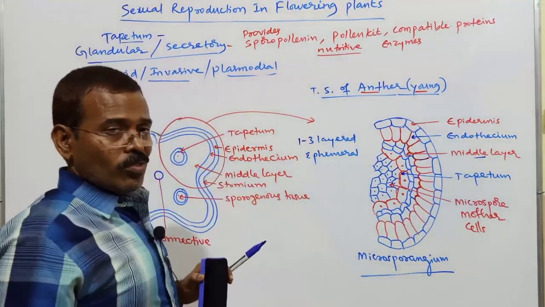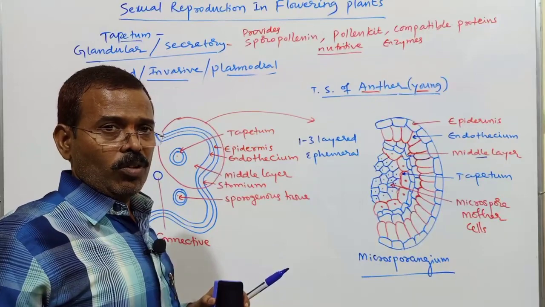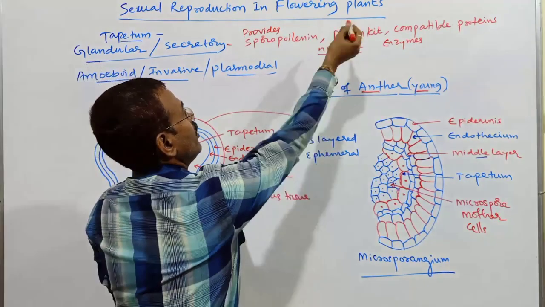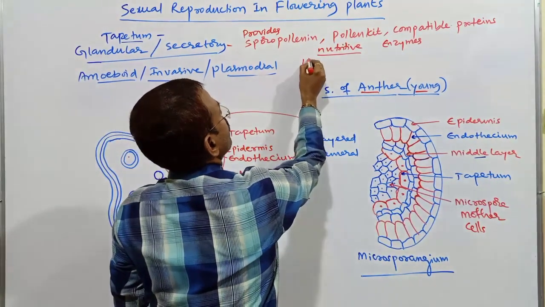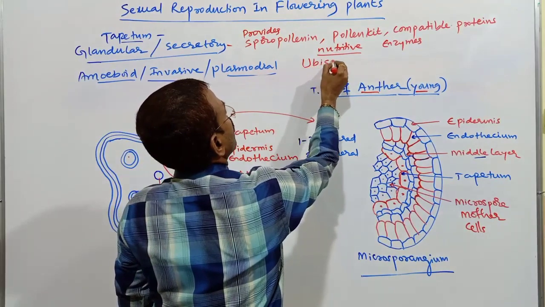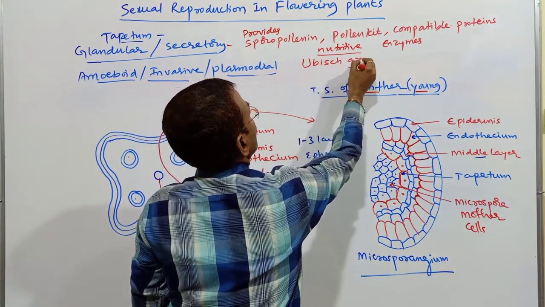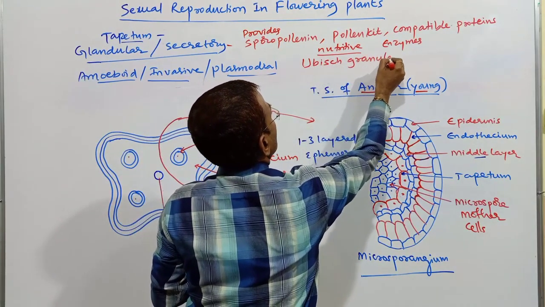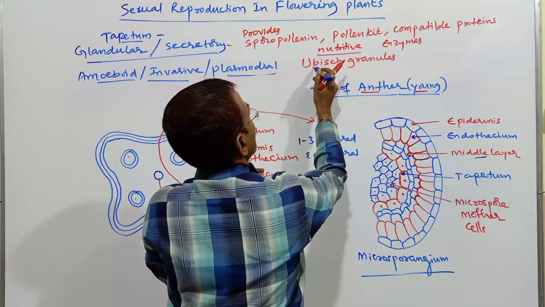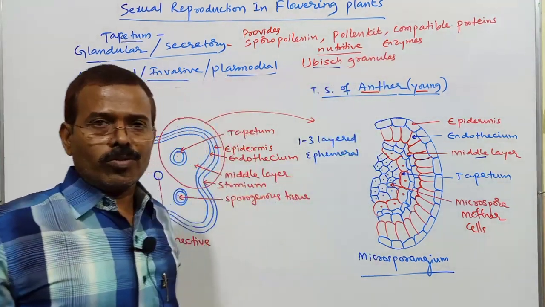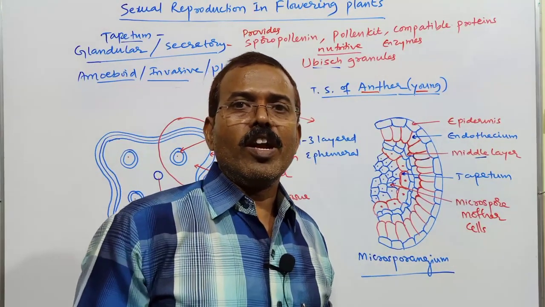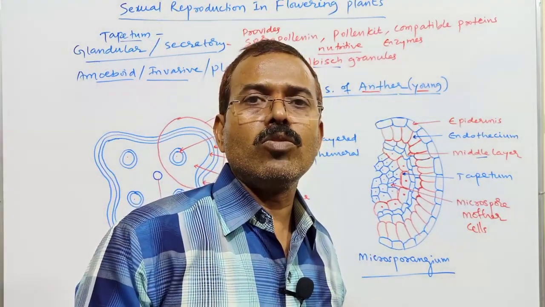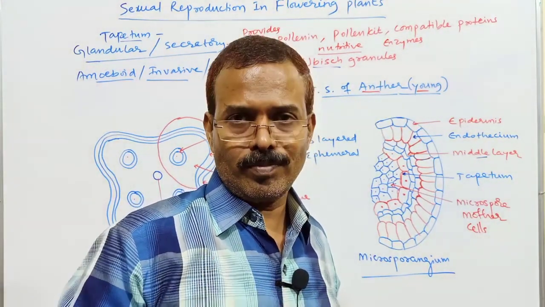This secretory tapetum or glandular tapetum provides Ubisch granules. Ubisch is the name of the scientist who found the role of tapetum.